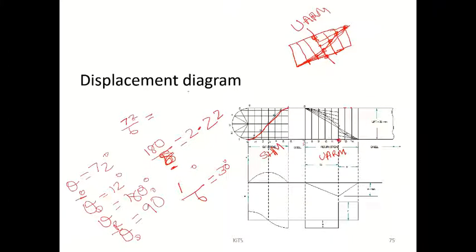Since it is 3 by 5, 5 times acceleration, 3 times retardation. First 5 lines for acceleration, next 3 lines for retardation. Select the fifth line, divide the 35 into 8 parts.